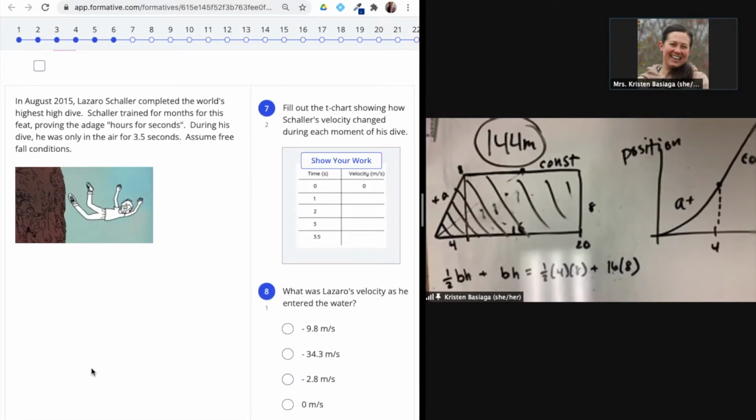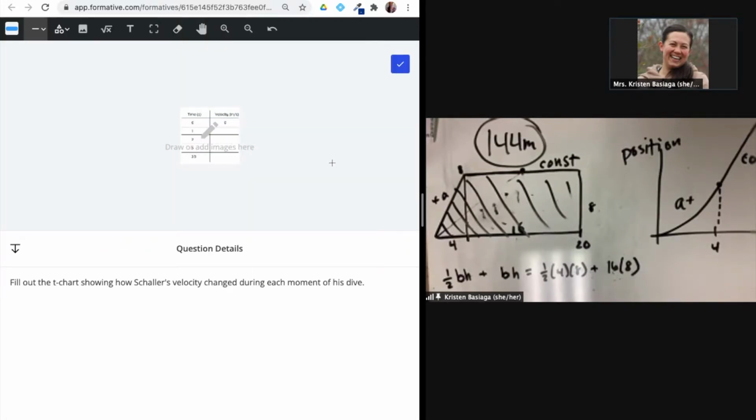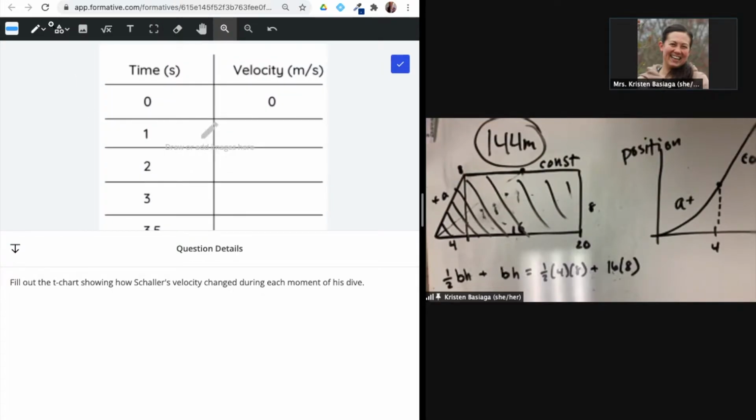Number 7. Lazaro Schaller completes the world's highest high dive, and he's in the air for 3.5 seconds. Assume free fall conditions. What free fall means is that for every second of time that passes, his velocity becomes 9.8 more negative.